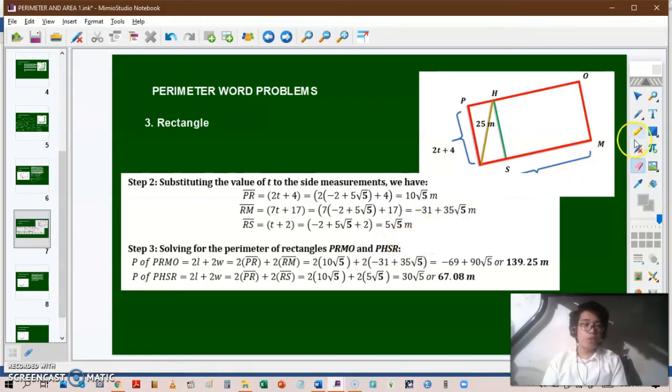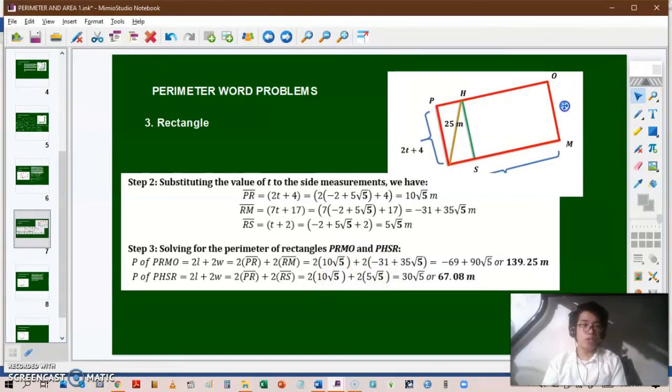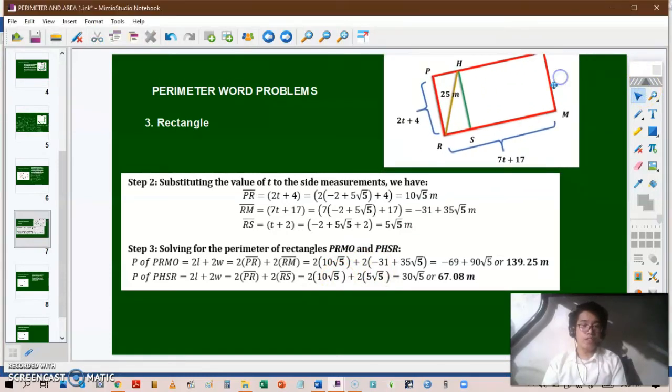And then to solve for the perimeter of rectangles PRMO and PHSR, we simply have to use the formula 2L plus 2W. So that's going to be 2 times 10 square root of 5. So they stay the same because they have the same length. If you see here on this rectangle, they have the same lengths, but their widths differ.